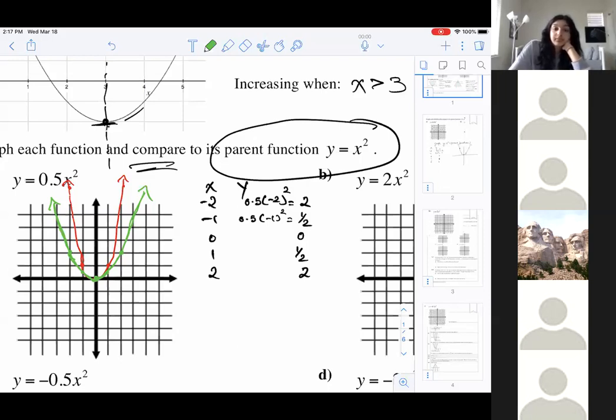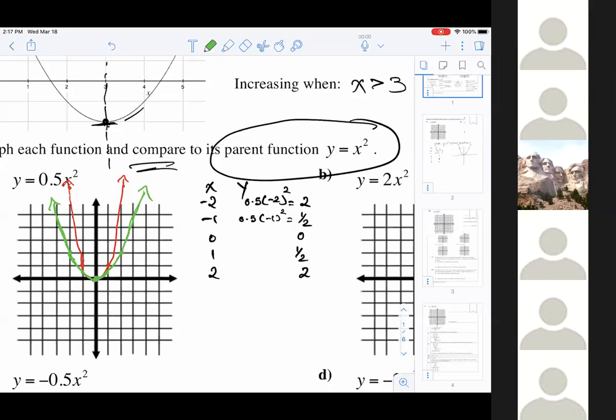And look what happened to the graph. This is one of the transformations we learned earlier. Which one do you think this is? It's stretched, right? Now you have to figure out, is it stretched vertically or horizontally? It looked like a horizontal stretch, but we also learned that a horizontal stretch is the same as a vertical shrink, right?